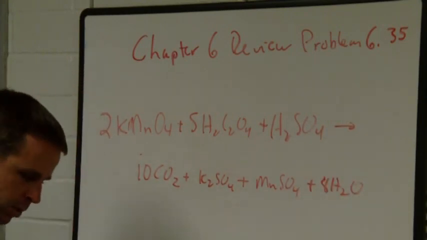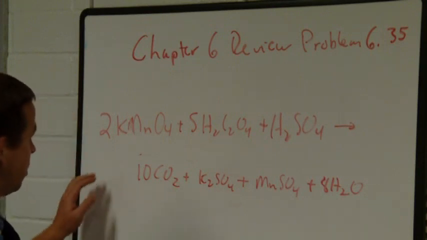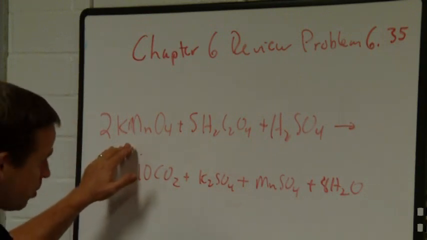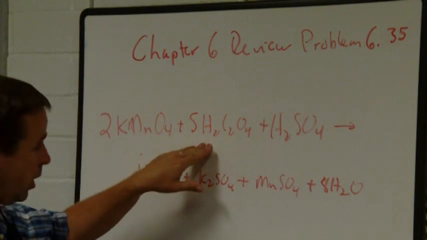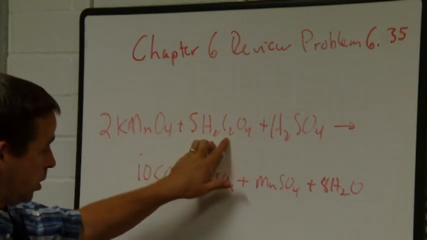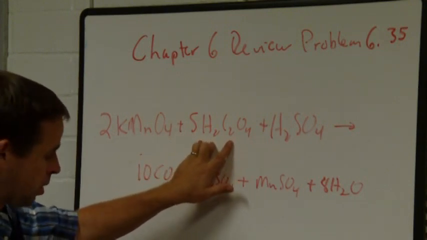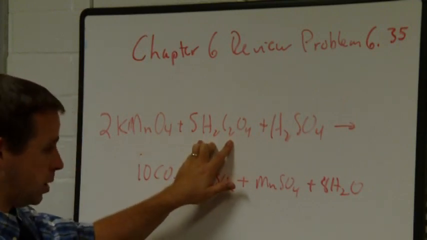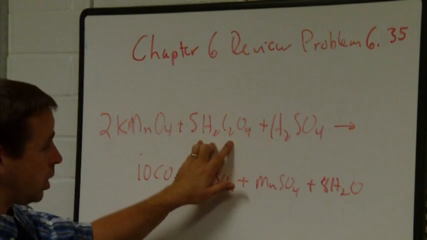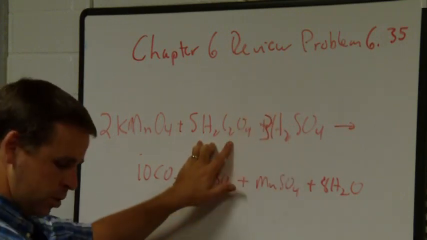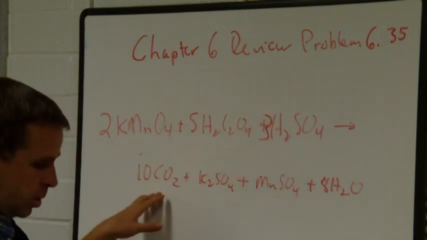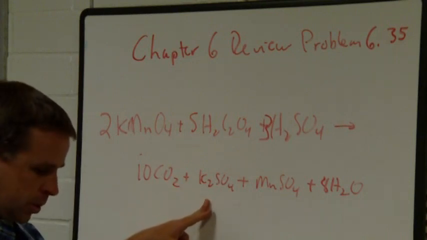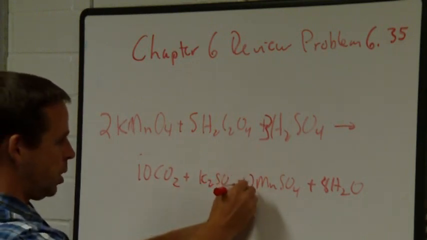Okay, so let's double check this here: 2 potassium permanganates, 5 carboxylic acids, that's right. 3, I didn't get the 3 there. 3 sulfuric acids, 10 carbon dioxides, 1 potassium sulfate, 2 manganese sulfates.